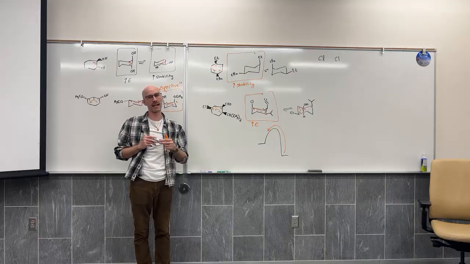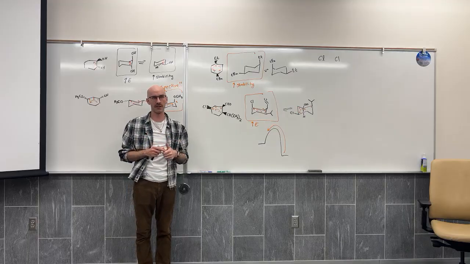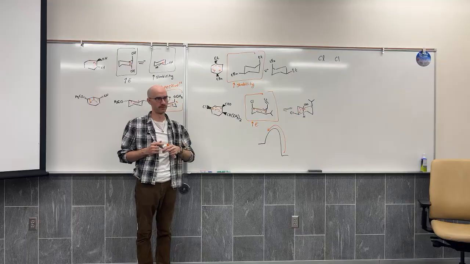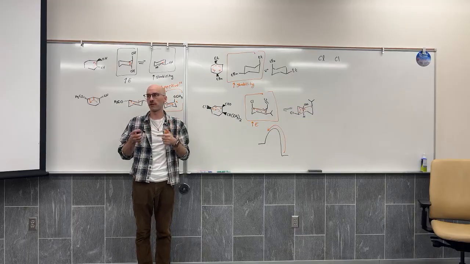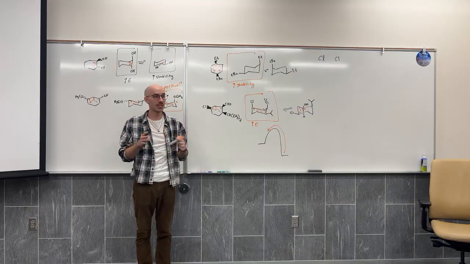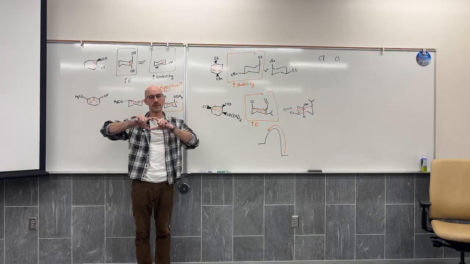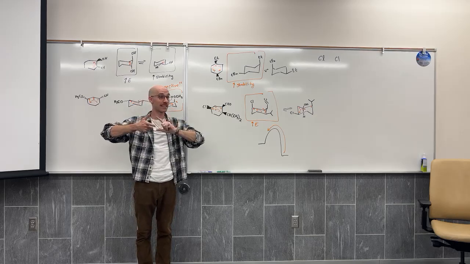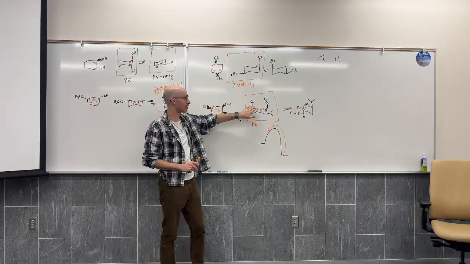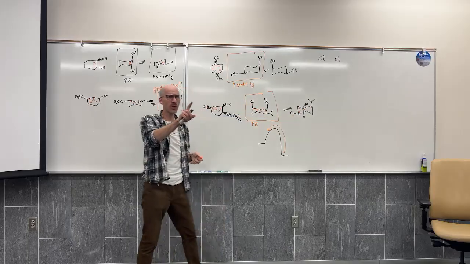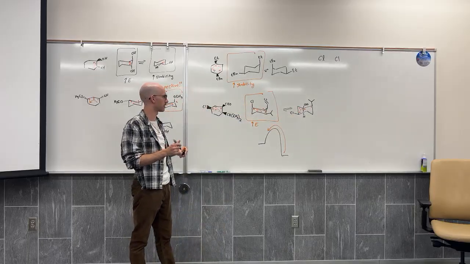When we talk about reactivity in organic chemistry, though, some of the reactivity deals with the functional group. The nature of the functional group can change reactivity. Or we talk about the arrangement in space that it has, like being axial versus equatorial. Okay, here's a change I could make to this.